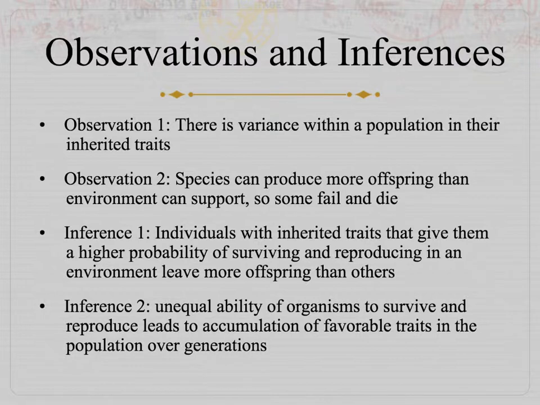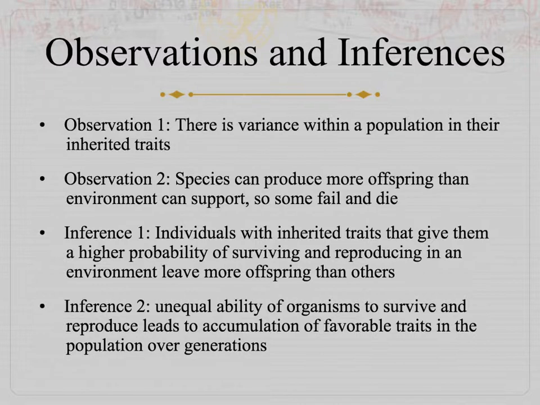So some fail, they die. They don't survive long enough to reproduce. They can't get enough food. They're taken over by disease, famine. Those ideas came from an economist, Thomas Malthus, who said that disease, war, and famine were necessary to regulate our population. So from those two observations, Darwin made two inferences.